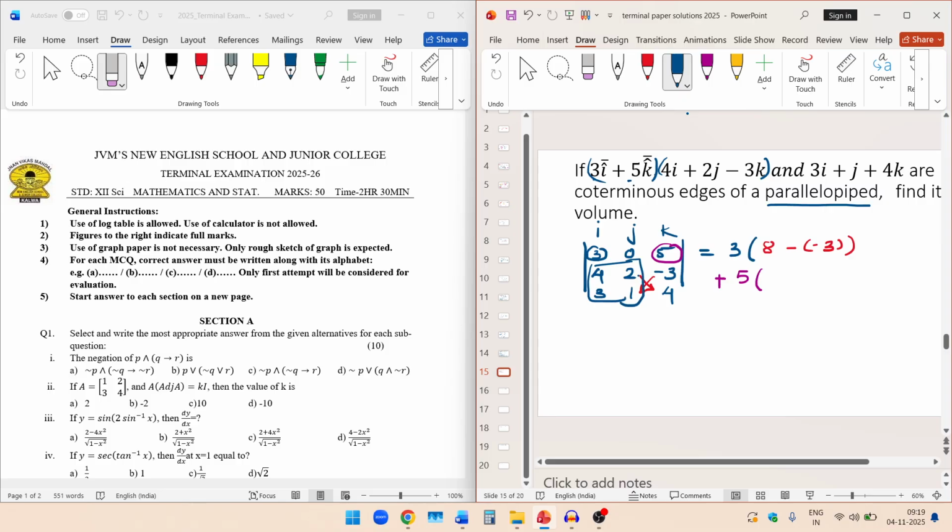This is the minor, that is 4 times 1. 4 times 1 is 4, minus 2 times 3. 2 times 3 is 6.